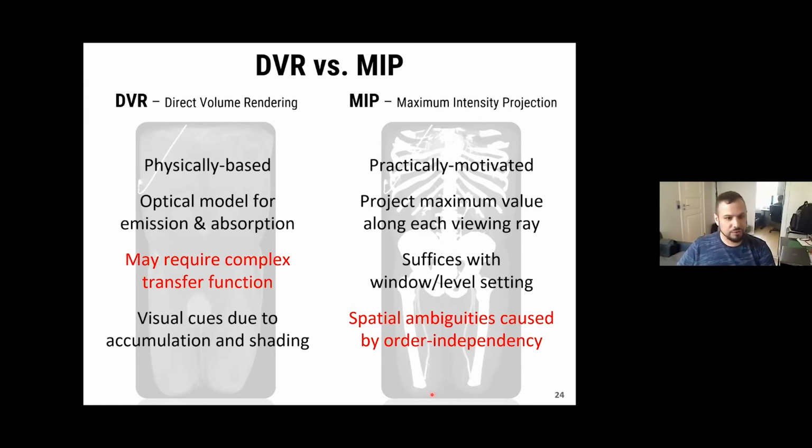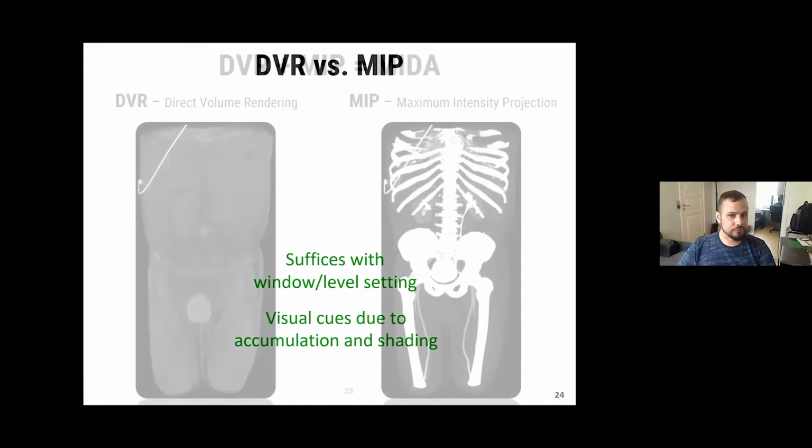But on the other hand, we would like to have the simple control of window level and avoid the spatial ambiguities that you get from always looking at the maximum, because the maximum does not respect any orientation, for instance. And in fact, there is a way to do this.